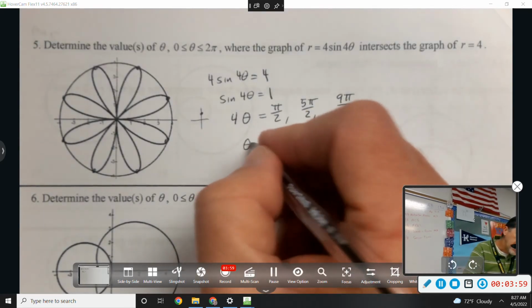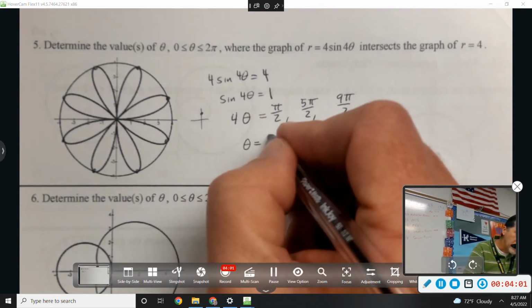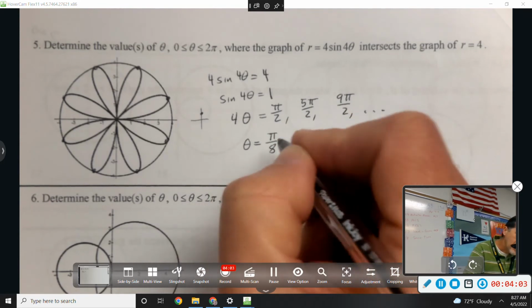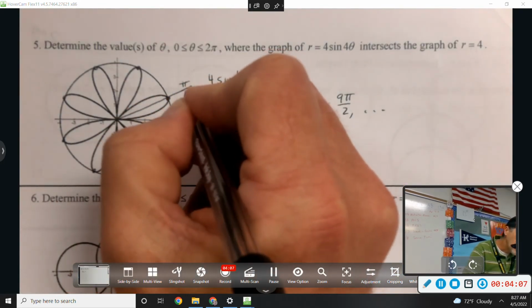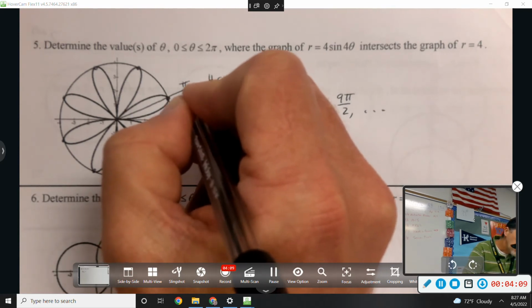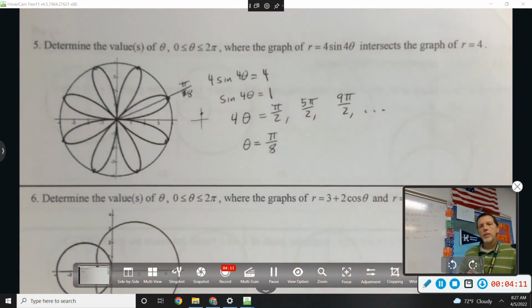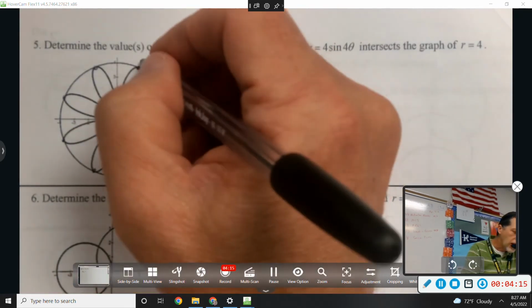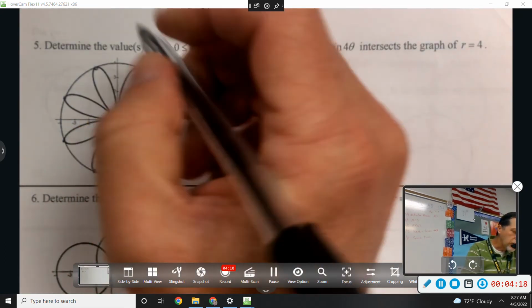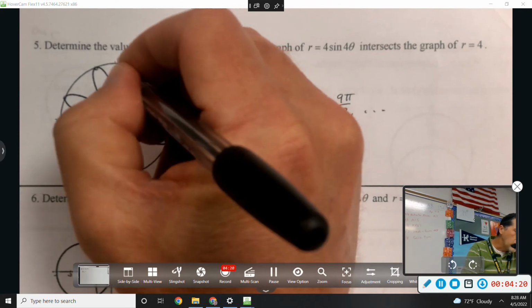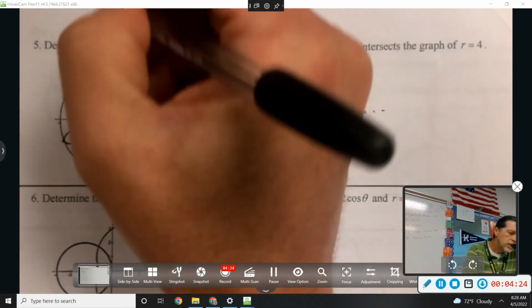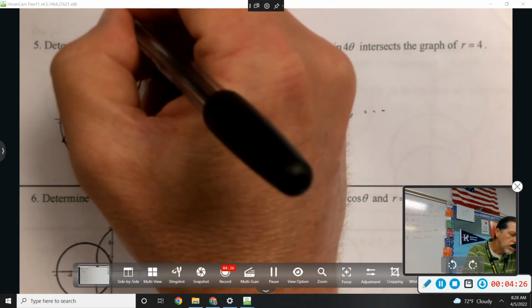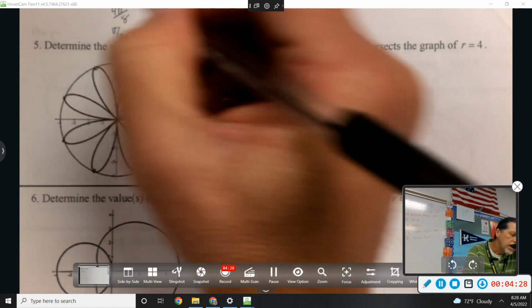Then if I divide everybody by 4, I would get 8. And so that first answer is pi over 8. Now, using the symmetry, I think the next one is pi over 8 away from pi over 2, which is, let's see, 4 pi over 8.